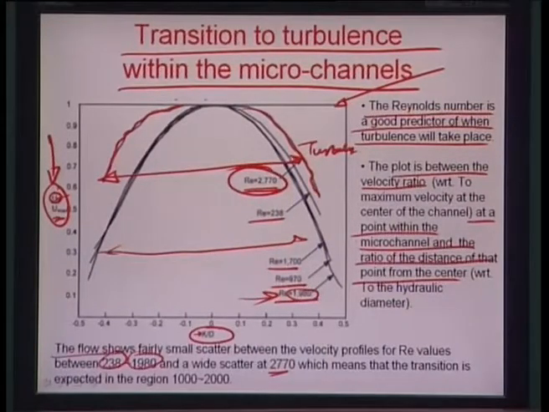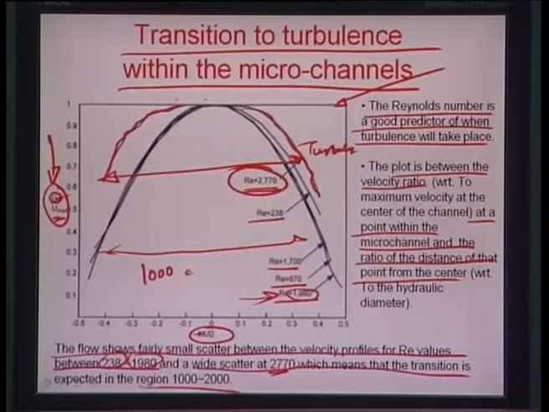Therefore the flow shows fairly small scatter between the velocity profiles for Re values between 238 and 1980, and a wide scatter at 2770, which means that the transition is expected in the region 1000 to 2000, which is also true otherwise, that there is definitely a transition between Reynolds number 1000 and 2000, whether it is the macroscopic counterpart or the microchannel.